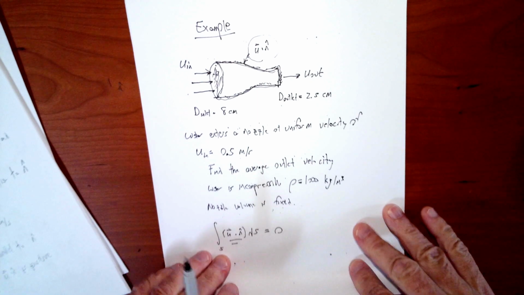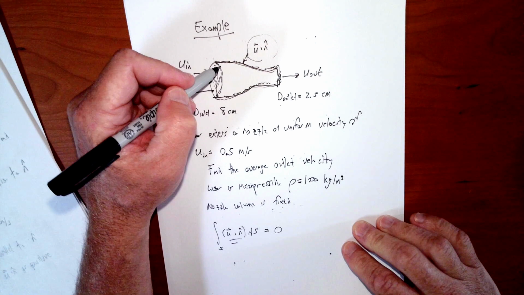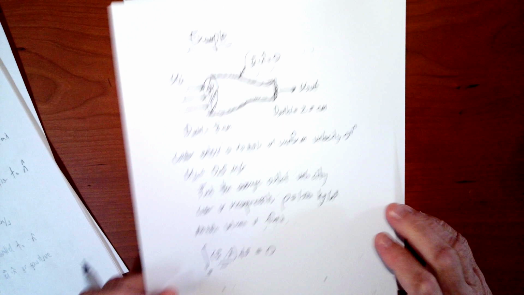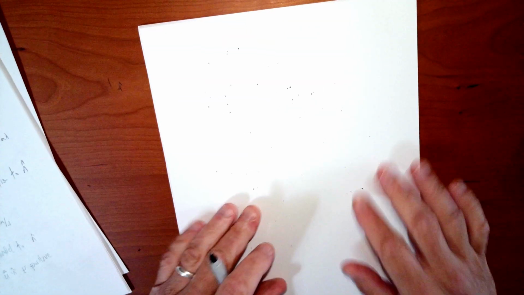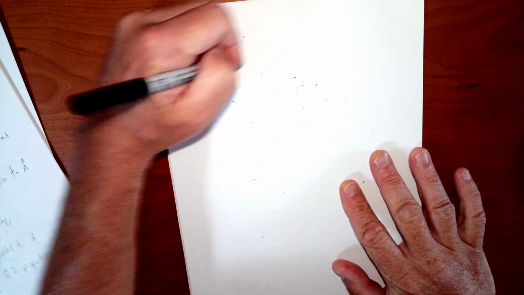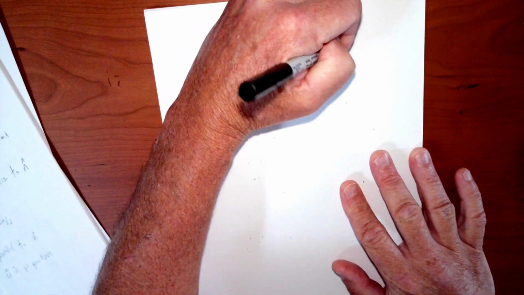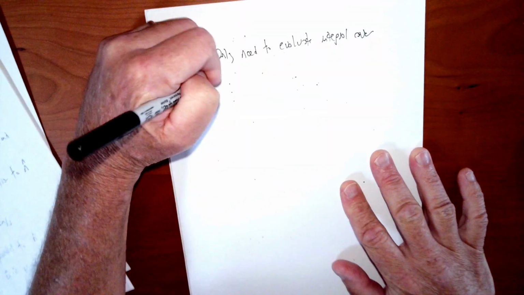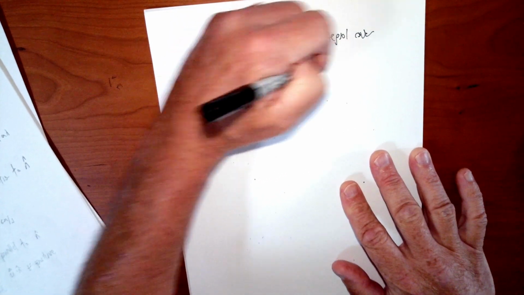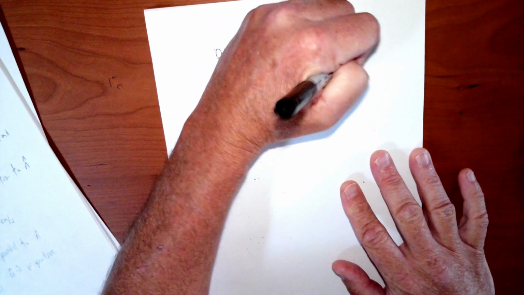So that's important to understand. You don't have to take the integral over surfaces where u dot n is simply equal to 0 because it's a solid surface. So we only need the integral over the inlet and the outlet, where u dot n does not equal 0.